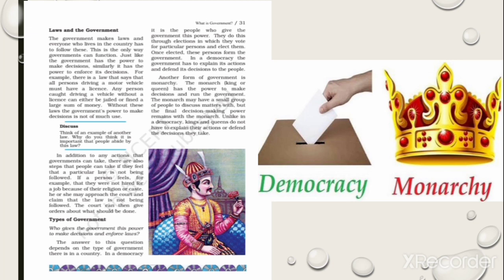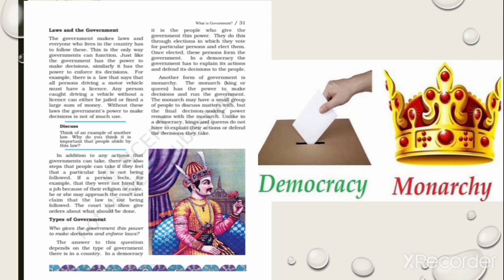The types of government are democratic government and monarchy. In a democracy, it is the people who give the government the power. They do this through elections in which they vote for particular persons and elect them. Once elected, these persons form the government.